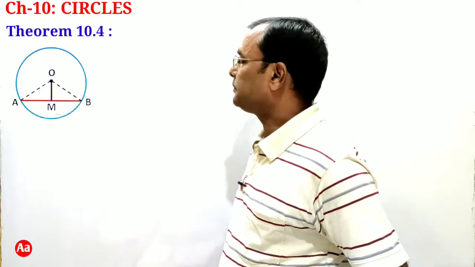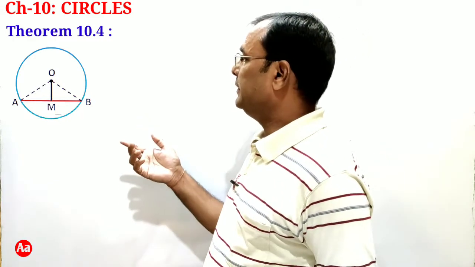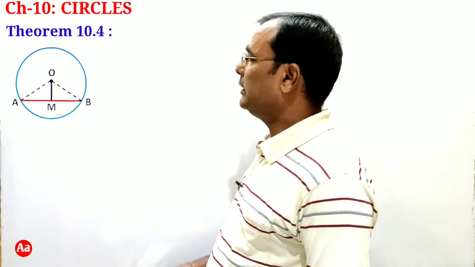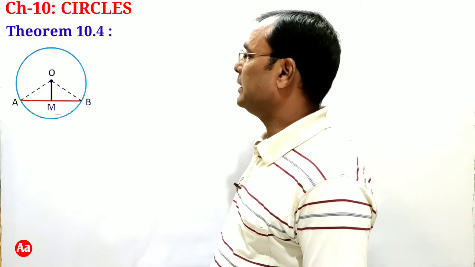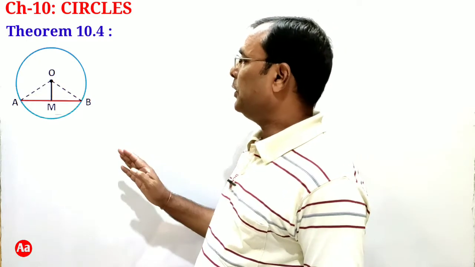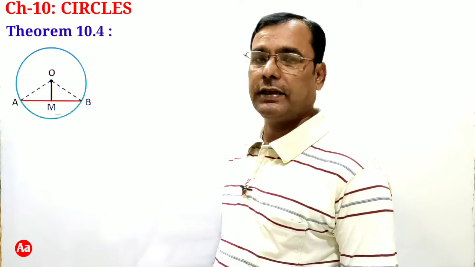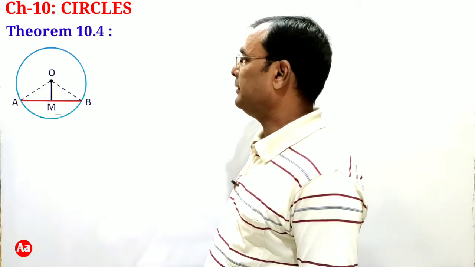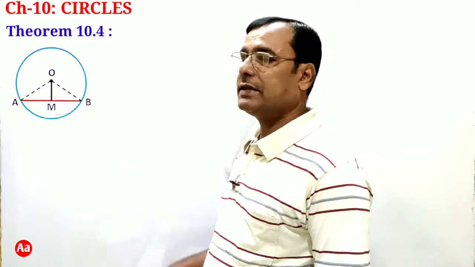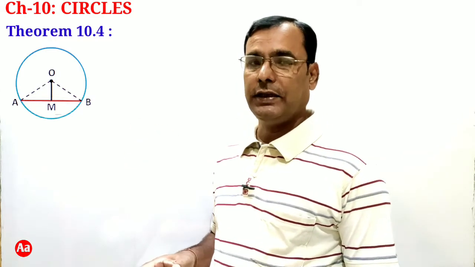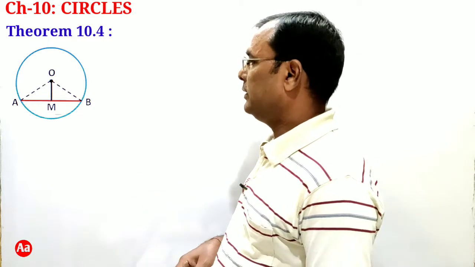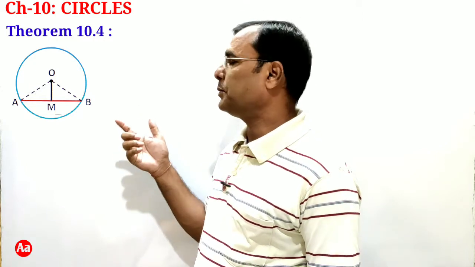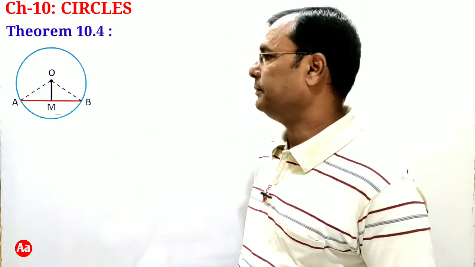In this figure, AB is a chord of the circle with center O, M is midpoint of the chord AB, and OM is the line joining midpoint of the chord to the center of the circle. And we have to prove that this line through the center of the circle O bisecting the chord AB is perpendicular to the chord. That means OM we have to prove is perpendicular to the chord AB.